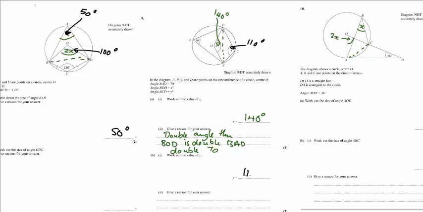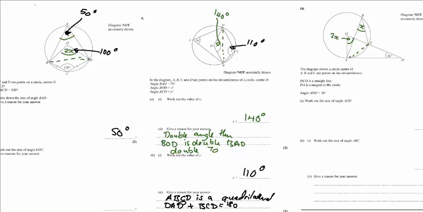Opposites, yeah. And don't worry about the reason: ABCD is a quadrilateral with edges on the circle, therefore opposite angles, or you could say DAB plus BCD equals 180.